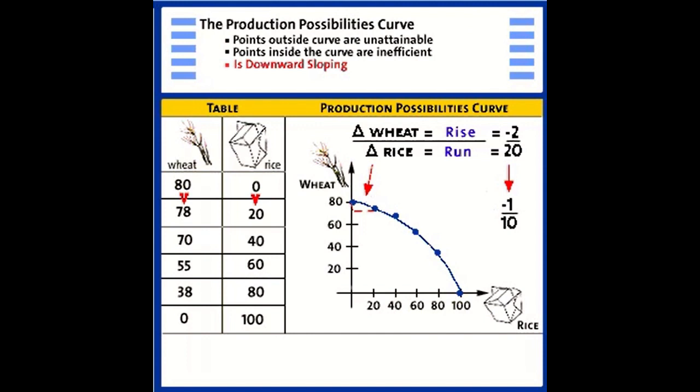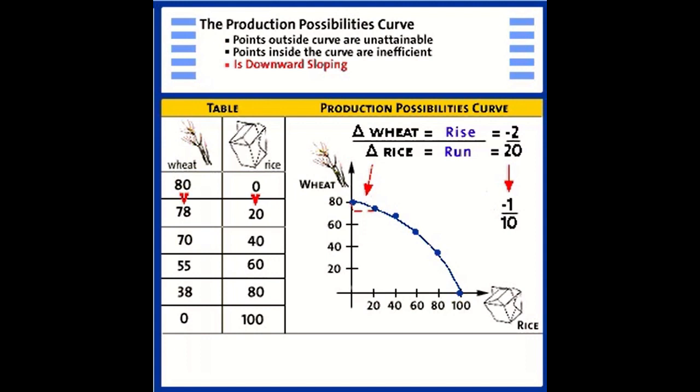So I'll go ahead and put a little mark here indicating that I'm calculating the slope between those 2 points, and I'll make a note that it's -1/10. The slope of the production possibility frontier represents the opportunity cost of rice production, measured in terms of the wheat that we're giving up.